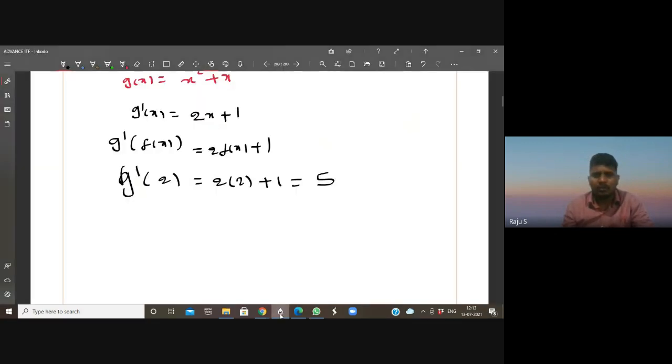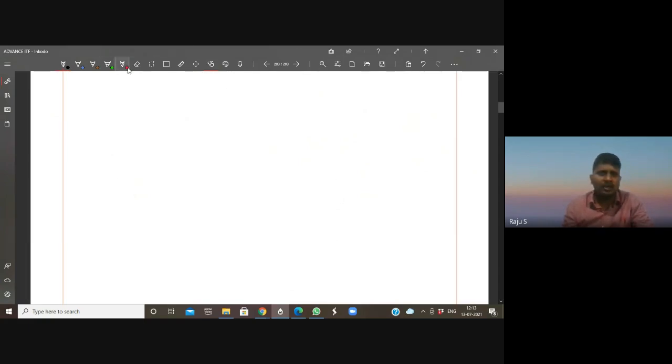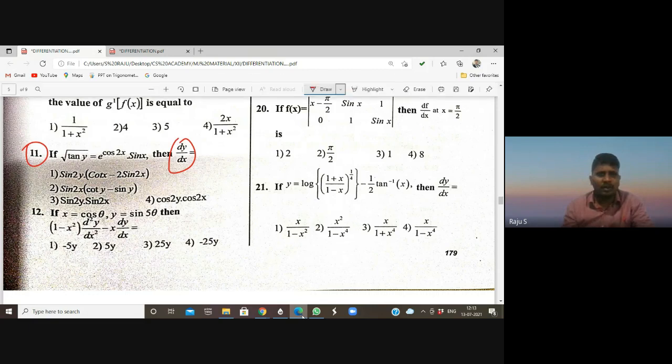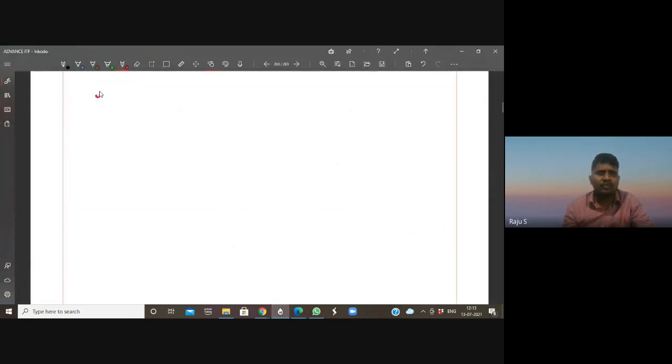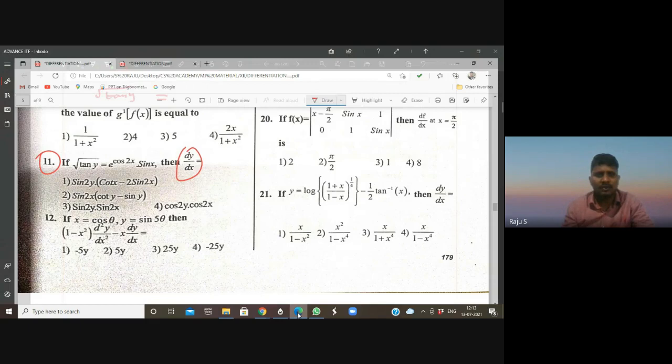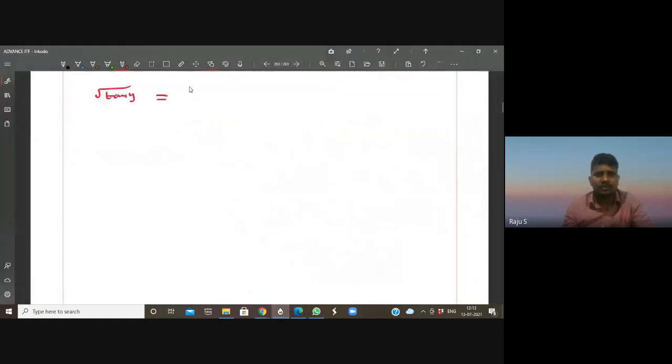So what shall we do here? Whether we'll differentiate directly or else square on both sides. Okay, squaring on both sides, it will become very easy actually. Otherwise, the root x formula we can apply, 1 by 2 root x, e power cos 2x sin x.